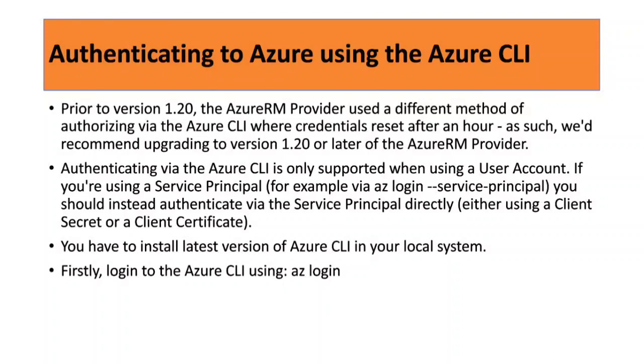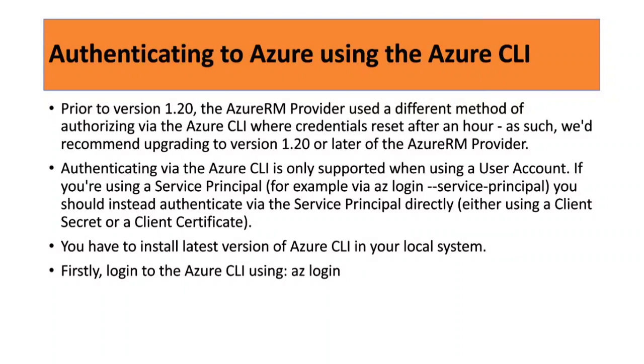For example, if you're using the Azure CLI and you have run the az login command, it will authenticate with your username, and it will provide a link. As soon as you click on that link, it will open an Azure portal window, so you will authenticate. But if you are using a version prior to 1.20, then the credentials will be reset after an hour. So it's recommended you use version 1.20 or later, so it will not reset your credentials.